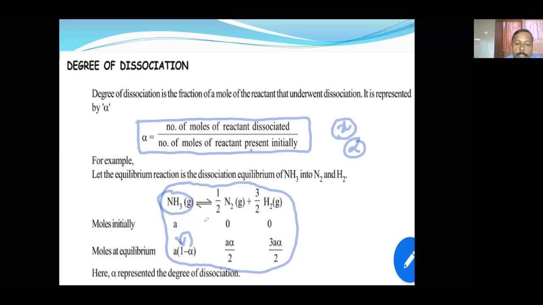Out of the A moles initially, 0 and 0. Okay. So there is a change, 1 minus alpha. If from 1 mole alpha is dissociated, from A moles A into 1 minus alpha will be dissociated, and for 1 mole, half mole will be formed. So for A moles it will be A into alpha by 2 and 3 into alpha by 2, A into alpha by 2.